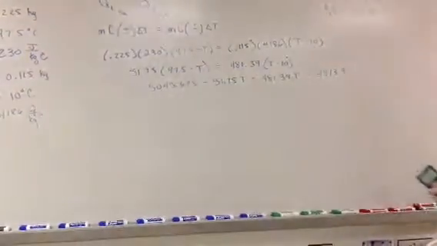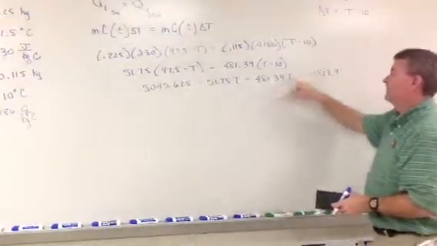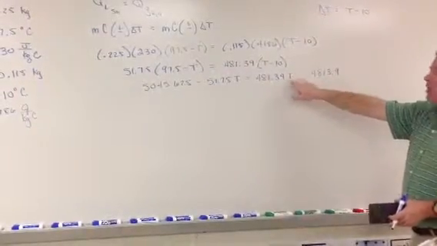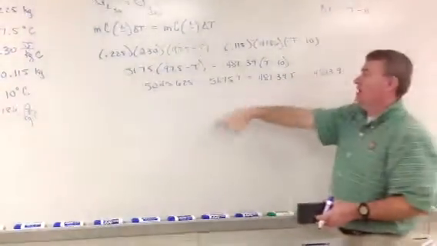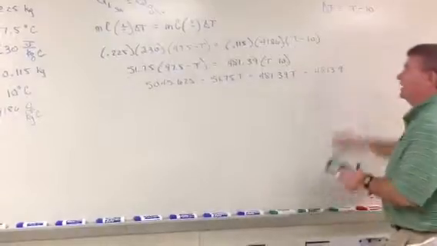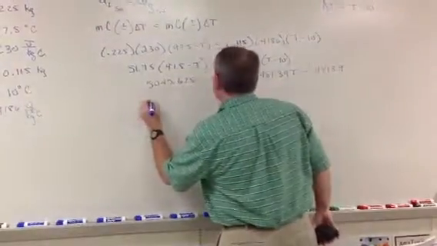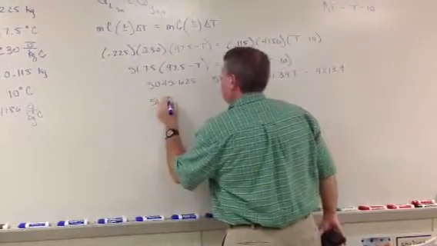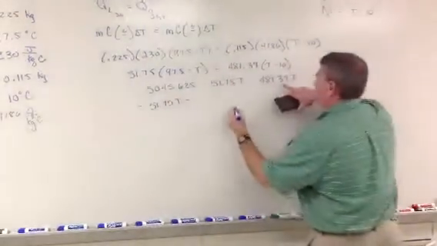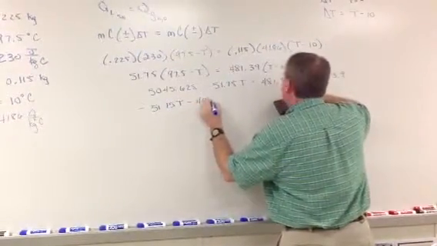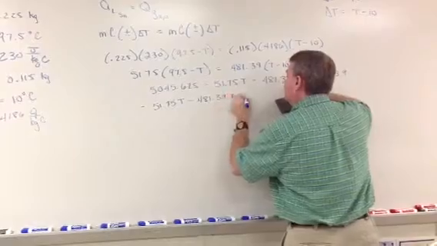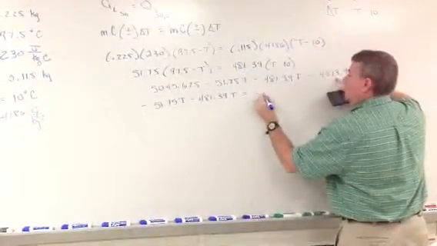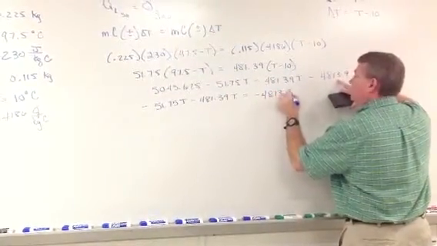Now, T is on this side, T is on that side. It's the only variable. We have to subtract this to the other side. We're going to subtract this to the other side. So we have negative 51.75 T minus 481.39 T is equal to negative 4813.9.